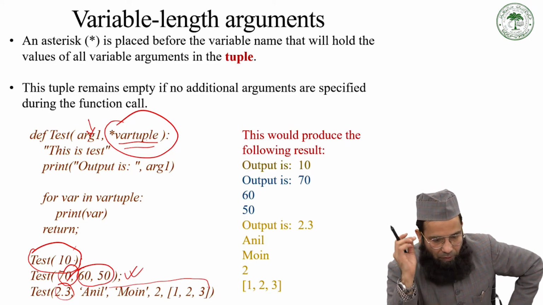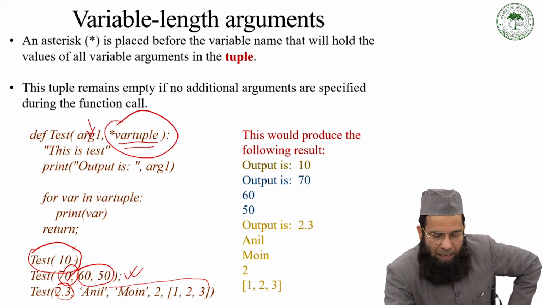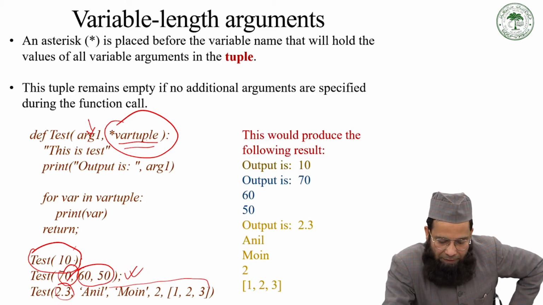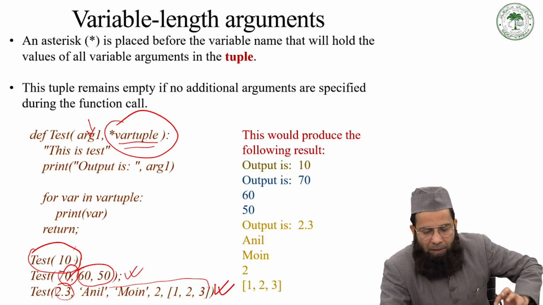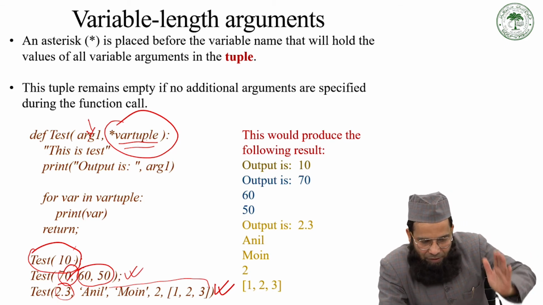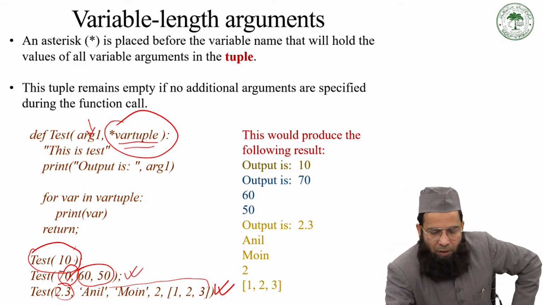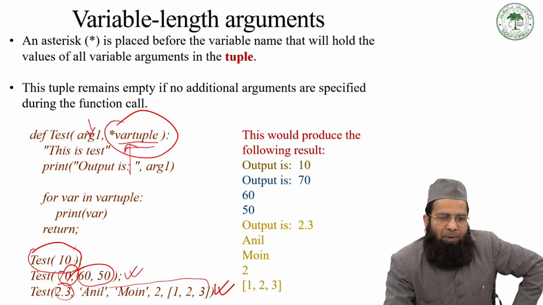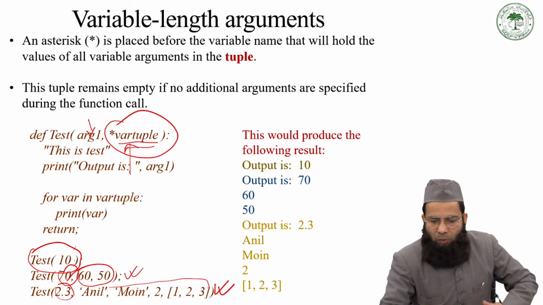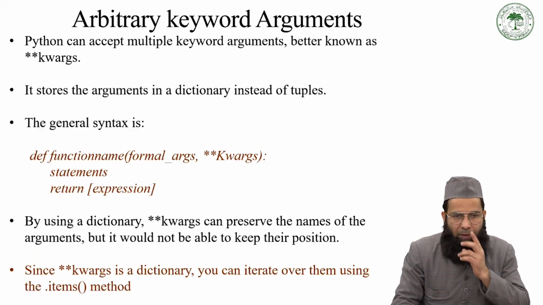In this function call, all these values, Anil, Moin and 2 and 1, 2, 3 would be stored in a tuple, right? And I can visit each value of this tuple. So this is actually the variable length argument.